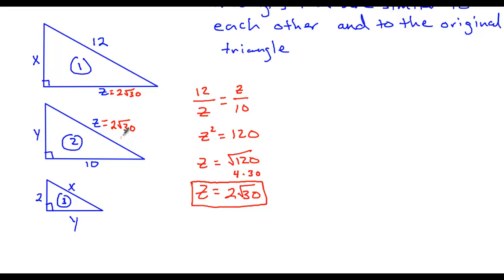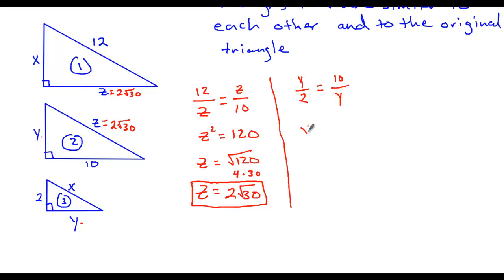All right, so now I can't find x or y using these two because they're different variables. I need it to work like this. So I'm going to look at this one that has y, and this one has a y. In this second triangle, y over 2 has to equal, from this triangle, 10 over y.